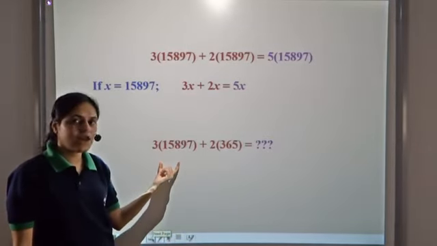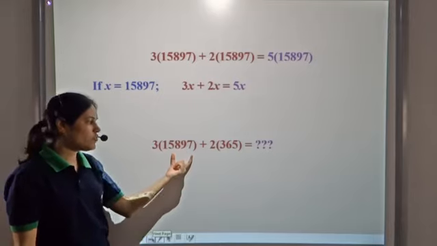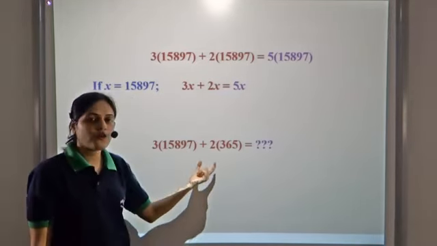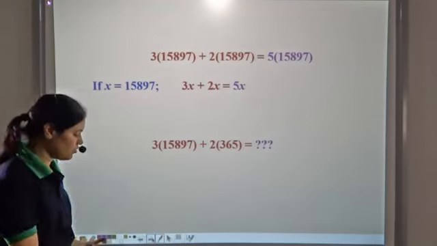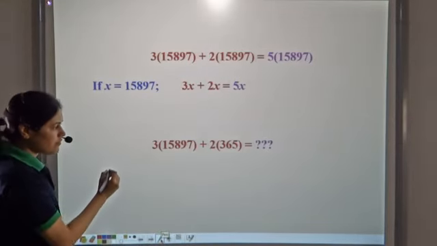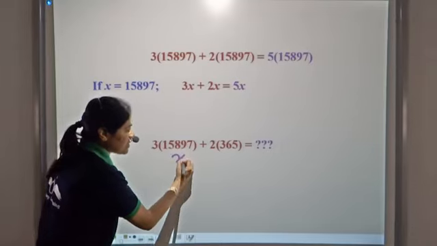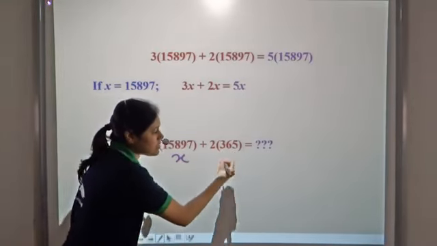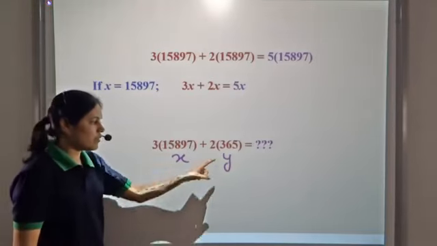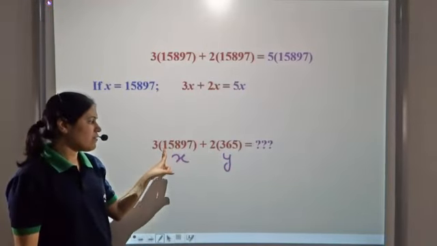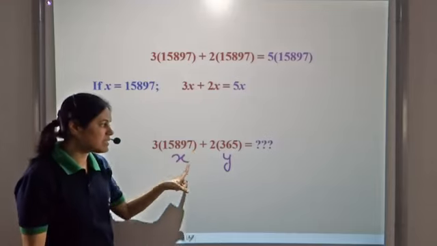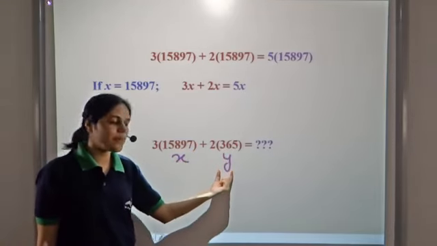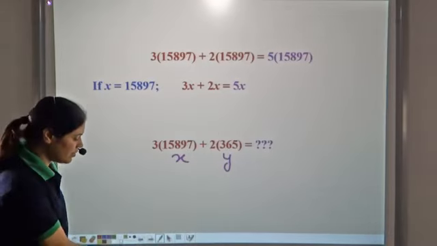However, if you have a question like this, 3 into 15897 plus 2 into 365, then what can you do? So if we represent this with an x and we represent this by y, because we have already represented 15897 by x, we cannot use the same symbol for 365. We have to represent it with a different symbol.